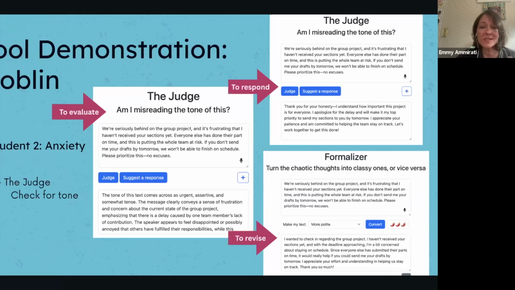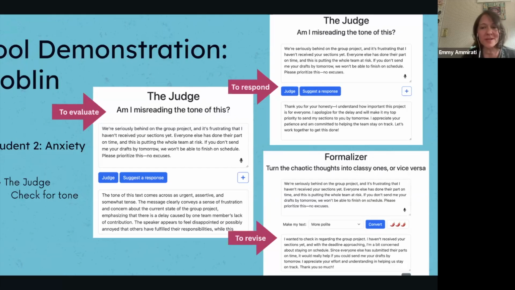So if Alex received the email pictured in the middle image about, oh, you did not submit your part of our group project yet, eek, they could use the judge to review the tone. And then seeing that the sender is indeed irritated, they could click suggest a response, which would generate a model for a return email that would help them maintain a healthy relationship with their peer.